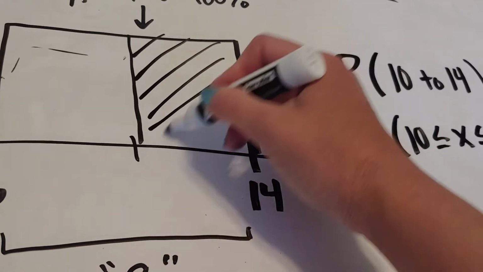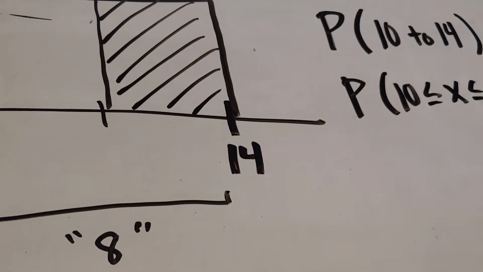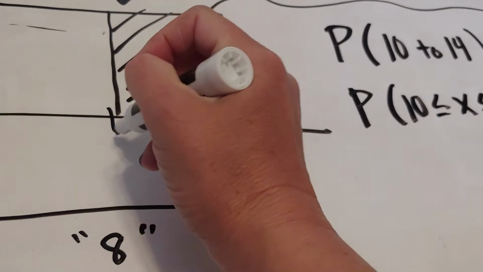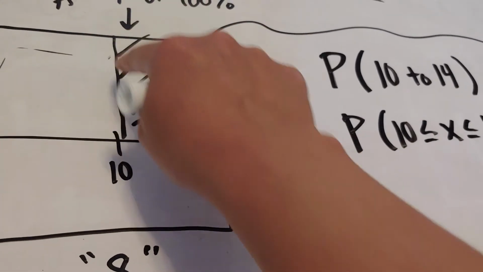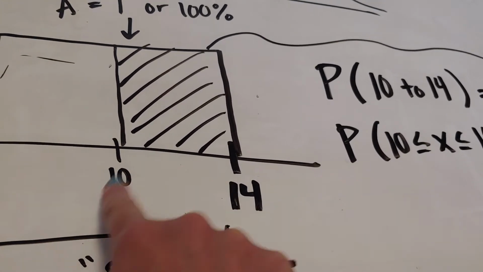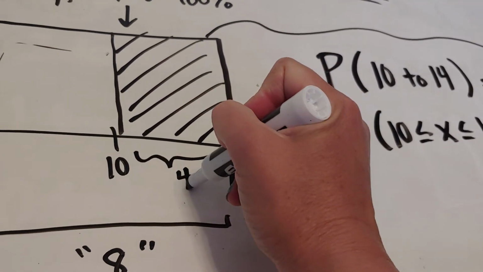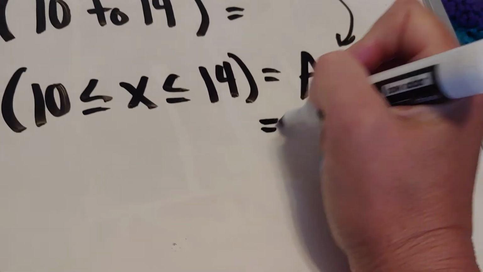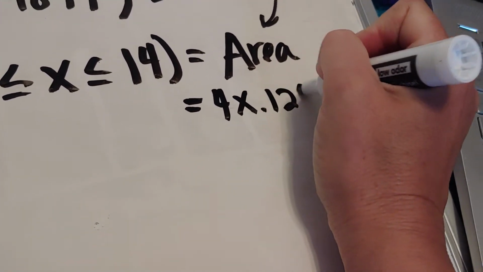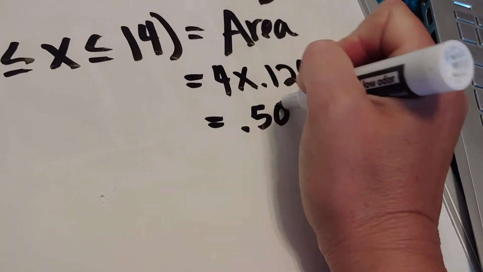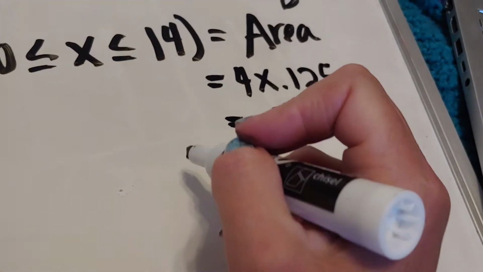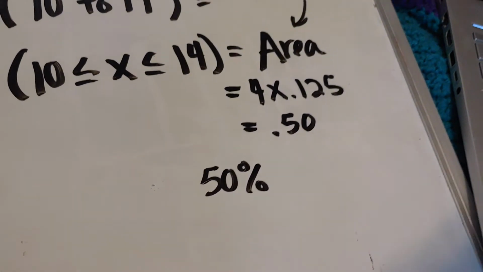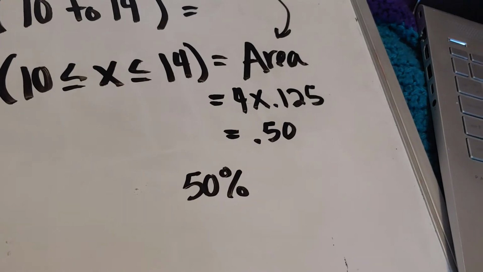So I want to know the area of the shaded region. We're just doing the area of a rectangle, which is the base times its height. Its base would be 14 take away 10, which is a base of 4. And we already know its height, it was given in the beginning in the picture, 0.125. So my area is going to be 4 times 0.125, which is the same thing as 0.50. So they're saying, according to this, I have a 50% chance that when I go to this particular sandwich shop, I'm going to wait between 10 and 14 minutes for my sandwich.